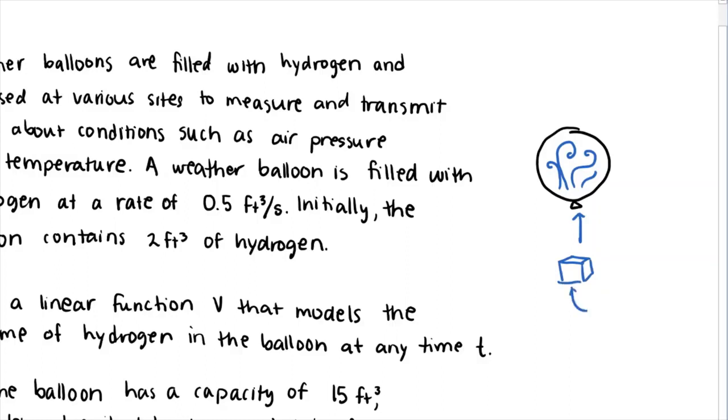So I can kind of think of this block as an amount of hydrogen that's going into this balloon and filling up the inside. And the amount we're filling it up with is 0.5 cubic feet per second. Every second I'm filling it up with half of one of these hydrogen feet cubes.